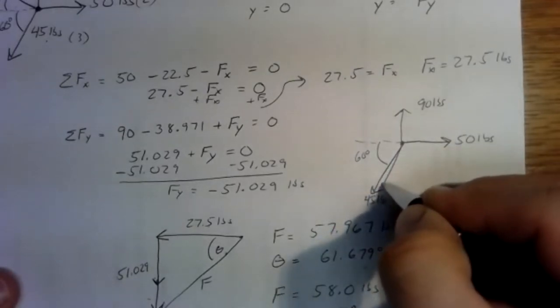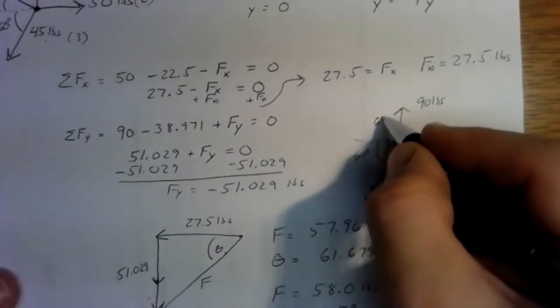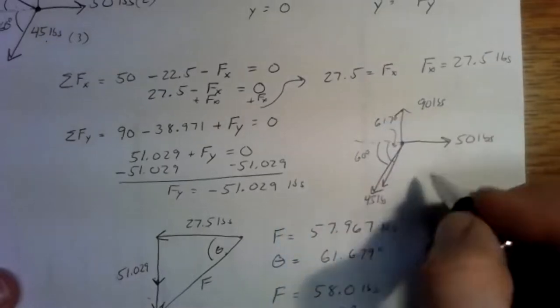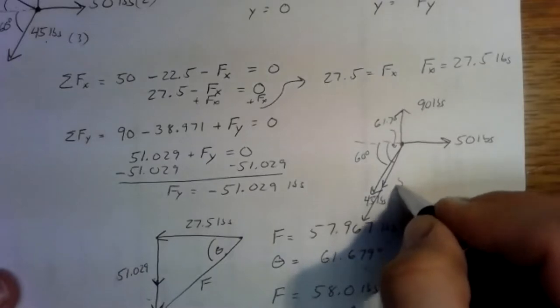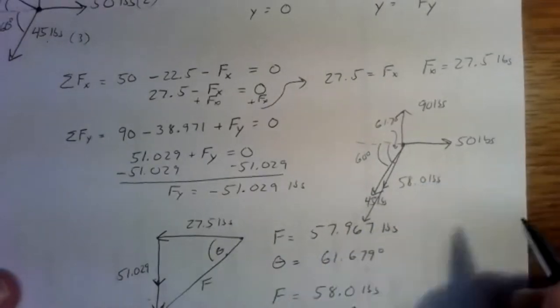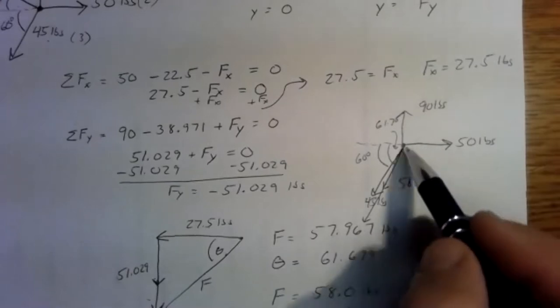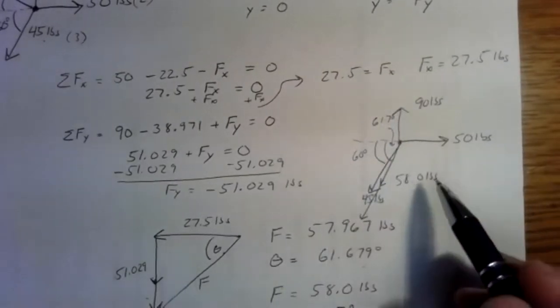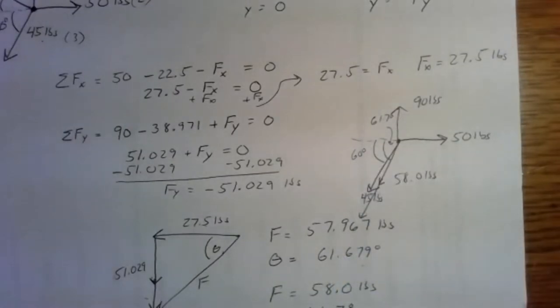But you've got this other vector that's got an angle here of 61.7 degrees and has a magnitude, if we drew it out to scale, it'll be down here somewhere, 58.0 pounds. So looks like that vector down to the lower left needed a good bit more help to counteract this 50 and this 90 pounds than just the 45 pounds at 60 degrees. Wasn't quite enough for it, so we had to have a lot more force pulling down in that direction to balance everything out.